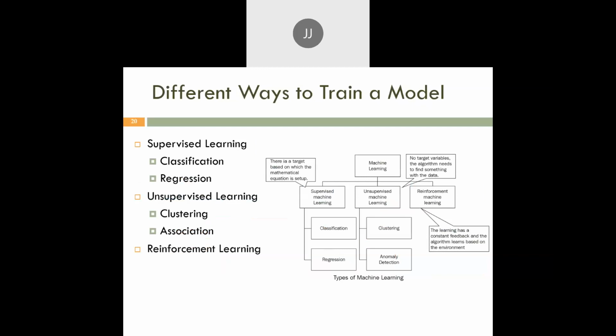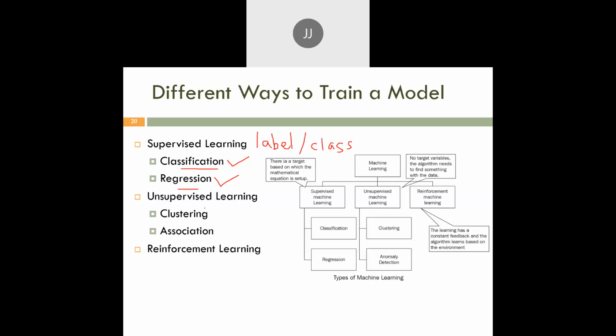So this is what I mentioned just now. We have classification. This is supervised. Regression also is supervised because they have label. Okay, they have the class. So the machine learning will learn the label and also the class, so that they can perform classification and regression.